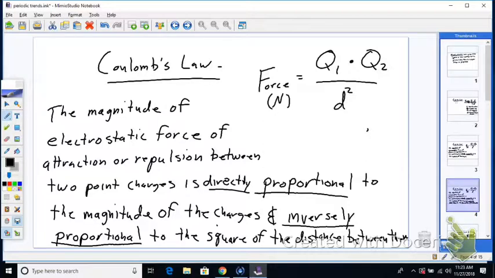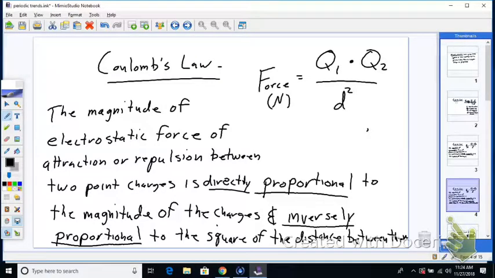The square is important because if something's cut in half distance-wise, it's going to affect the force by a factor of 4. If a distance is cut to a third, it affects the force by a factor of 9 because it's squared. It increases the magnitude so much more than what the charges do.